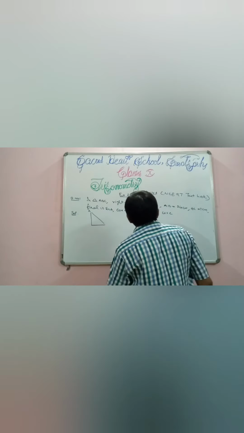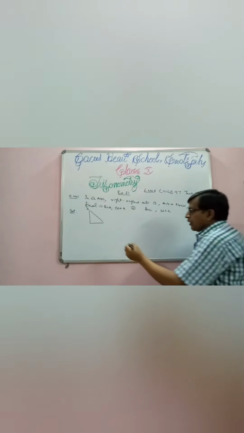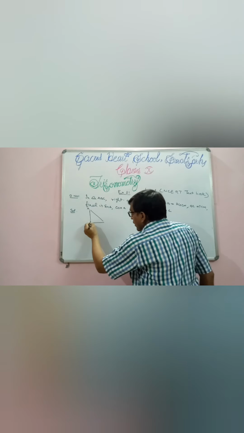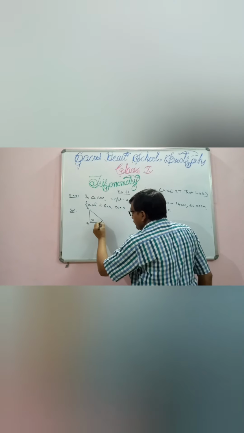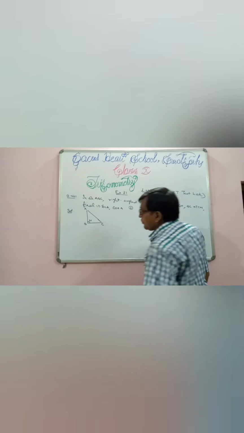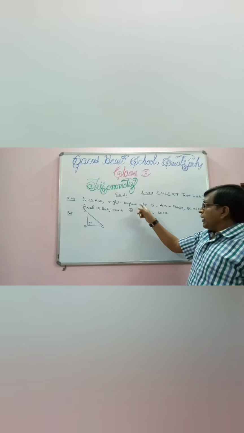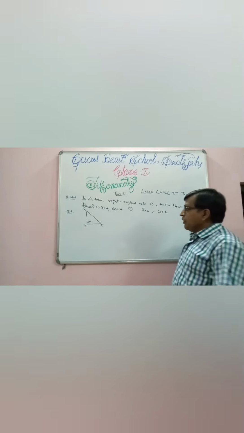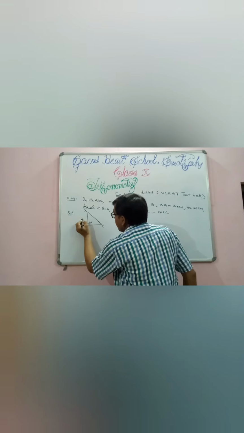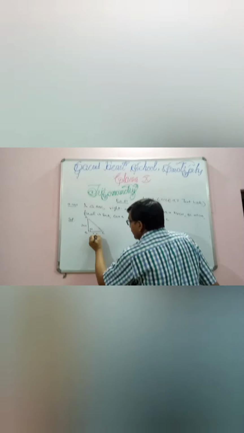First, we see where the 90 degree angle is: B. Then we start from B as the 90 degree angle, with A and C.